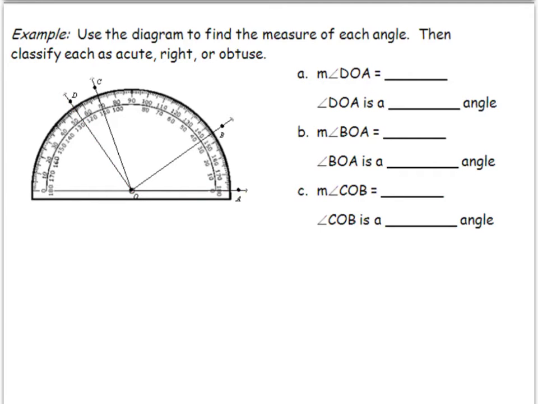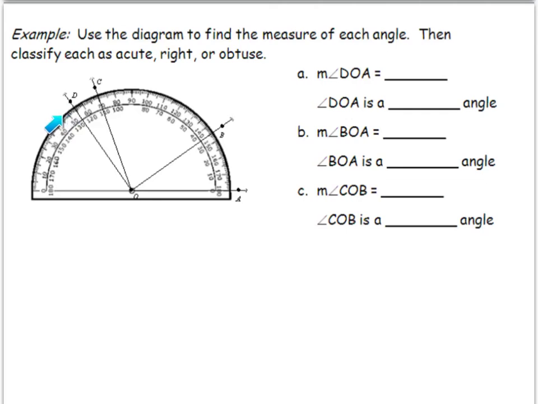If I'm taking a look at that angle, we need to figure out what the measurement is. Now, first off, you should ask yourself, is this angle an obtuse angle or is it an acute angle? It looks to me as though this is an obtuse angle. Therefore, the measurement should be between 90 and 180 degrees. So if we take a look at where this is situated, angle DOA, it sits somewhere around here.